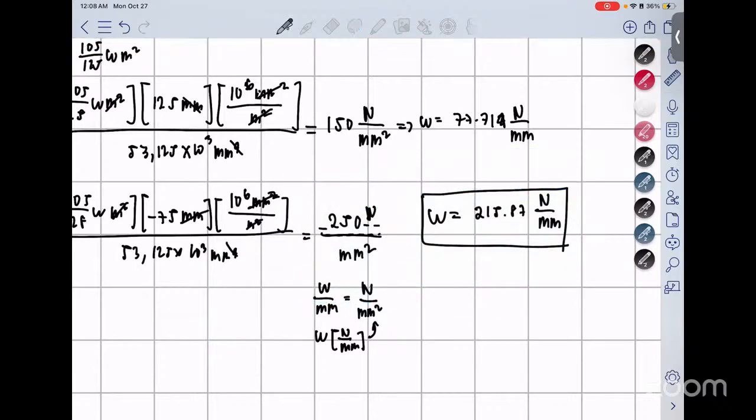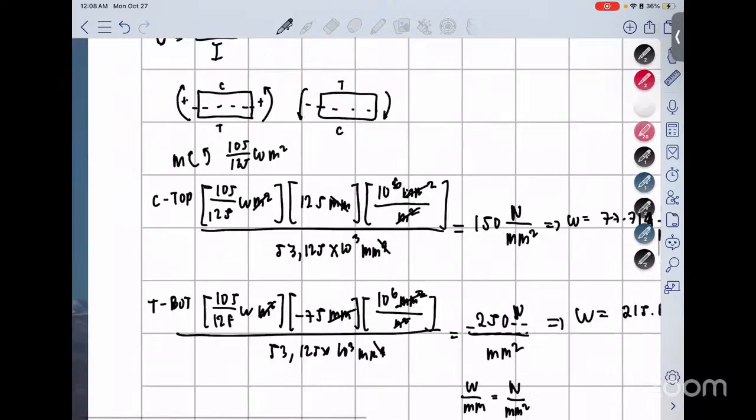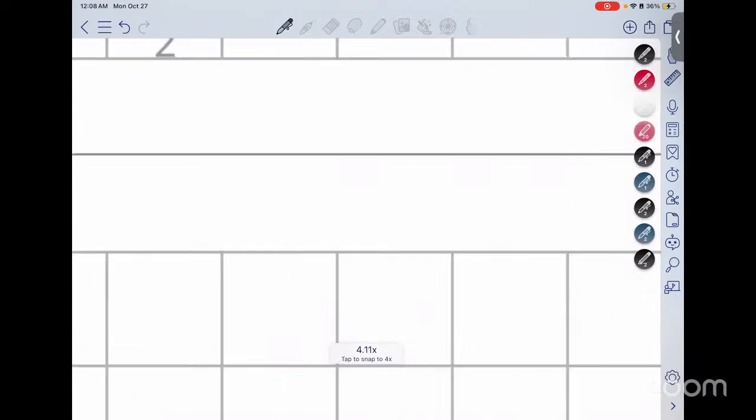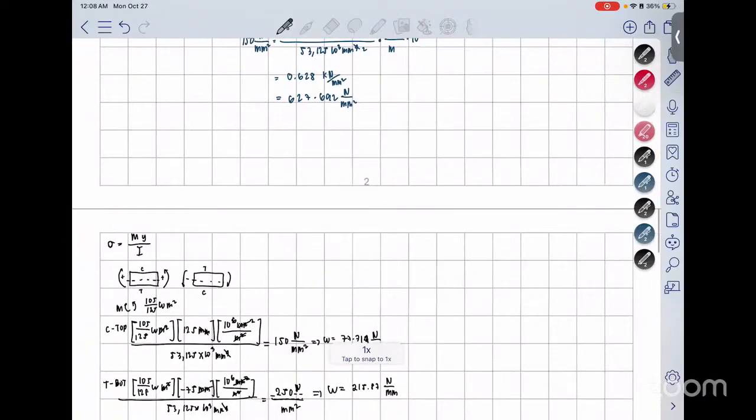So moving on to the other case, which is if the moment is negative.